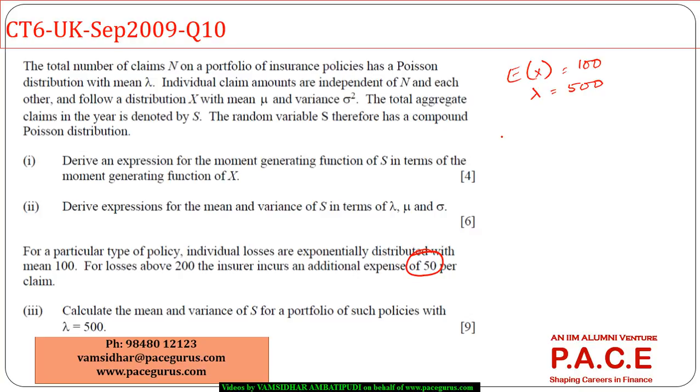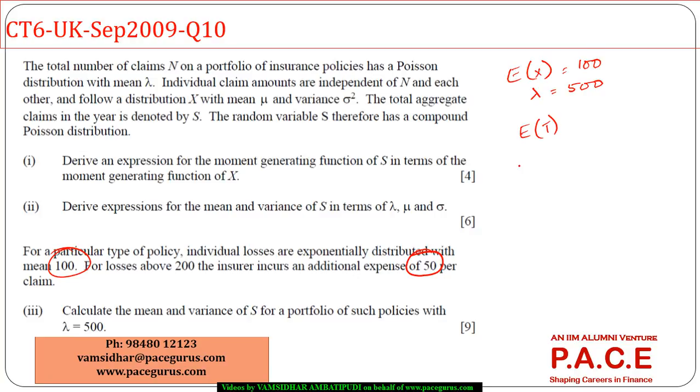Okay, so basically there are some losses below 200 and some above. So I really need to find the total expected losses, the expected total claim, because even the expenses I have to add.